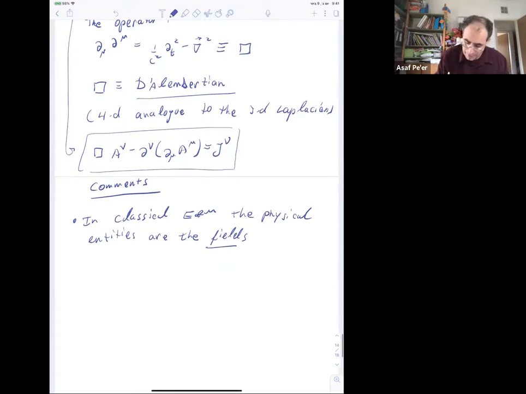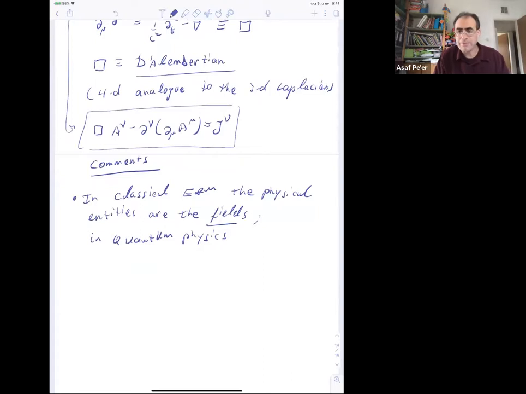In quantum physics, aka QED, quantum electrodynamics, the potentials become crucial. You're going to see that next week.